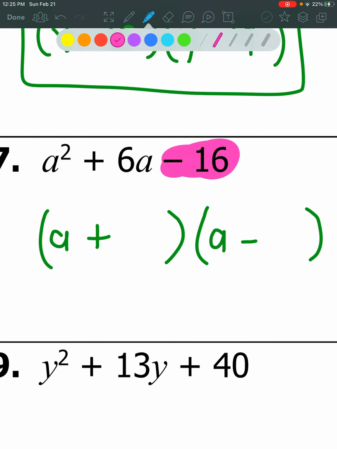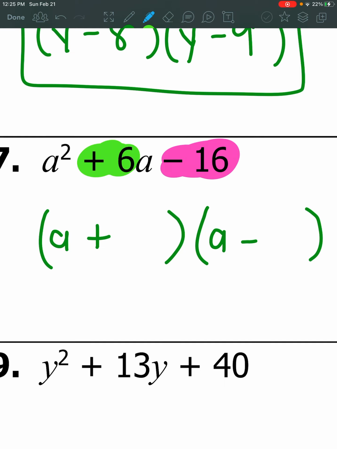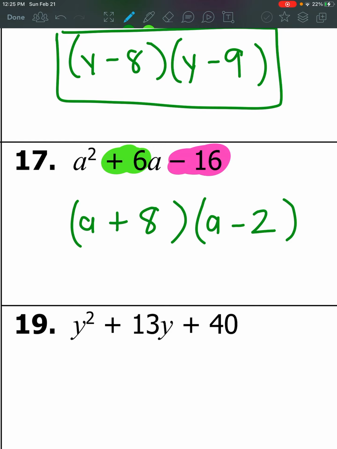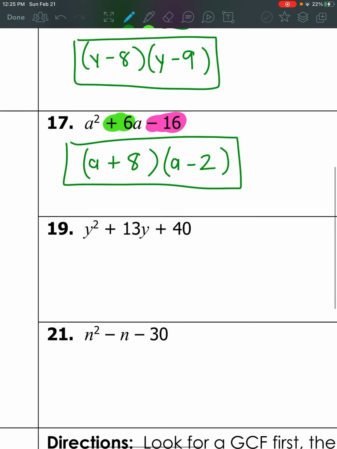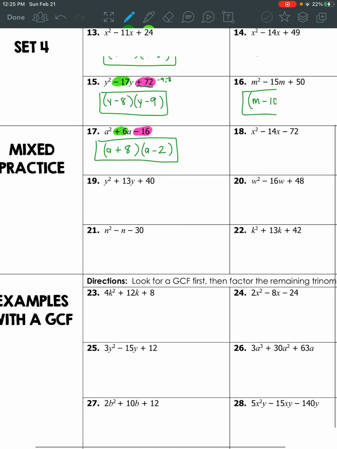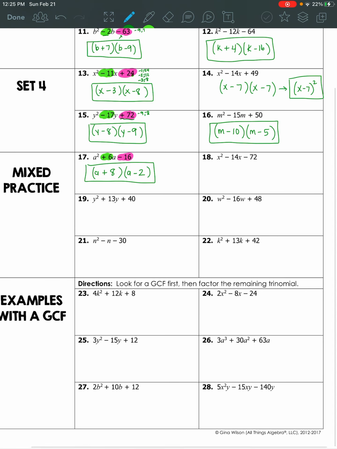And then this one, they add to positive 6, so you know that the bigger factor has to be positive. So 8 and 2, the bigger one is positive, and there we go. Those add to positive 6, and they multiply to negative 16. So get some practice on your own with a mixed practice there.